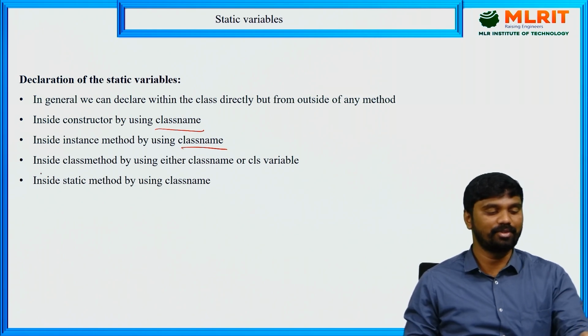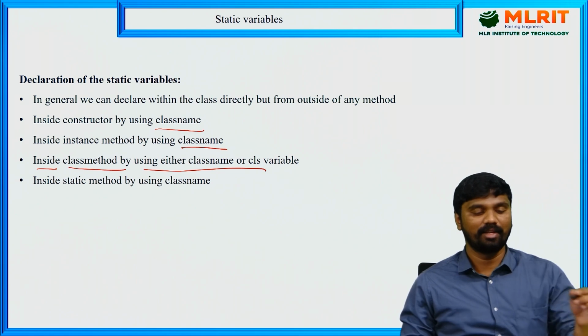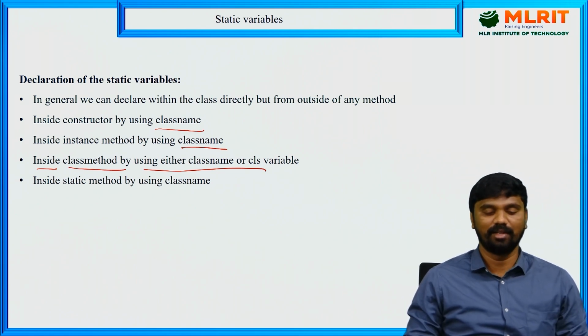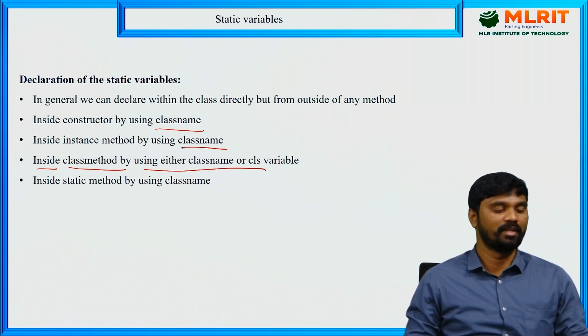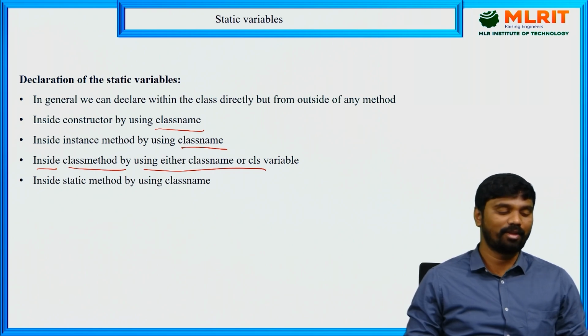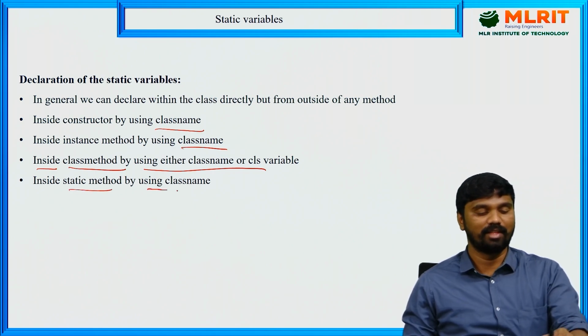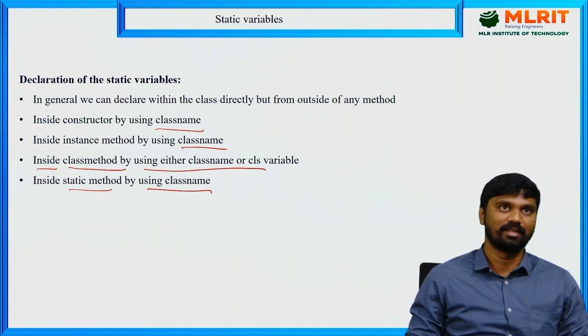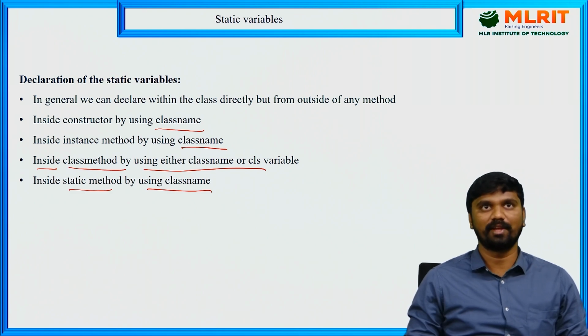Inside a class method, you can use either the cls variable or the class name. Inside a static method, you declare by using the class name, right?